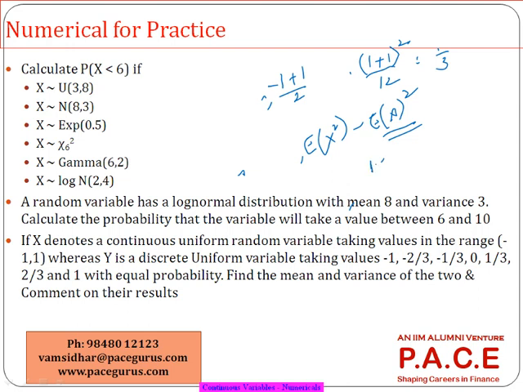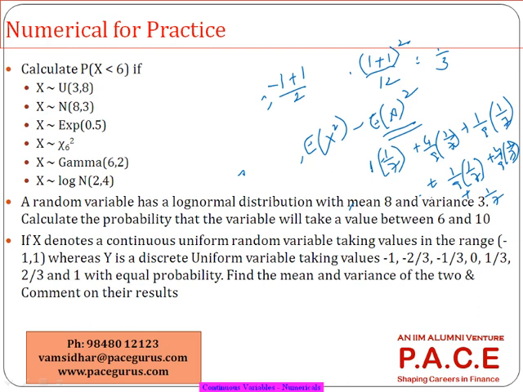So I will say 1 into 1 by 7, plus 4 by 9 into 1 by 7, plus 1 by 9 into 1 by 7, everything squared multiplied by its probability, plus 0 into 1 by 7, plus 1 by 9 into 1 by 7 again, plus 4 by 9 into 1 by 7, plus 1 by 7.